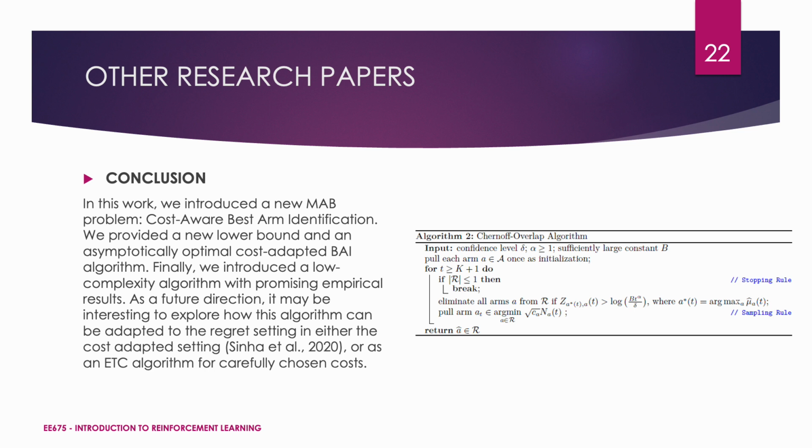This algorithm aims to efficiently identify the arm with the highest reward while considering the associated costs. Additionally, the paper introduced a low complexity algorithm with promising empirical results. This algorithm offers a practical solution for addressing the CABAI problem in resource constrained environments.